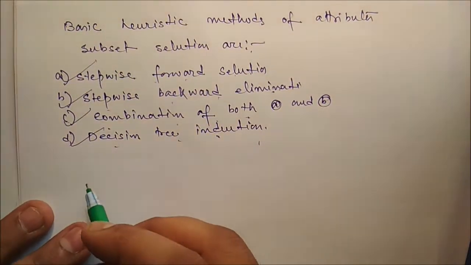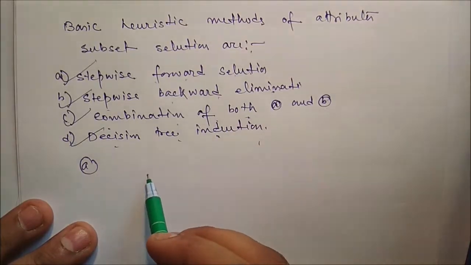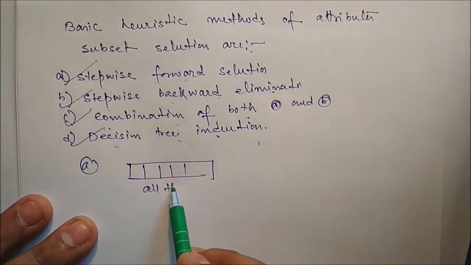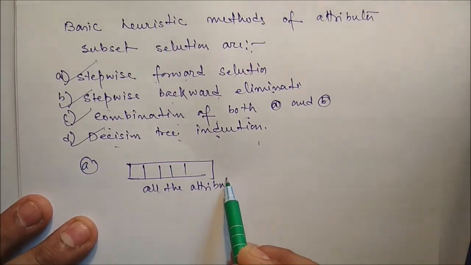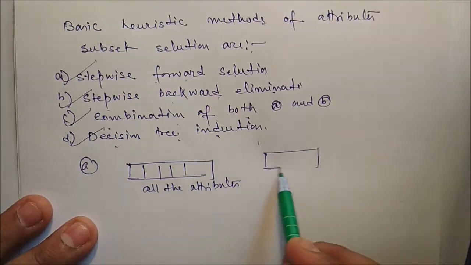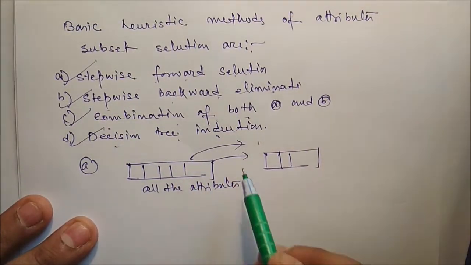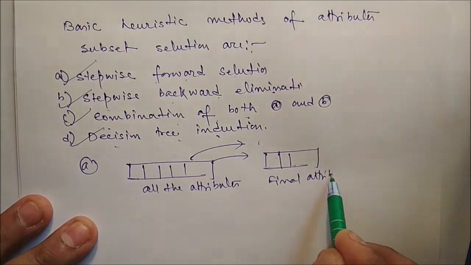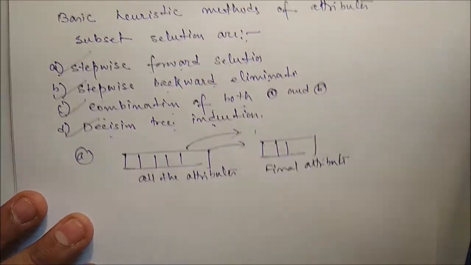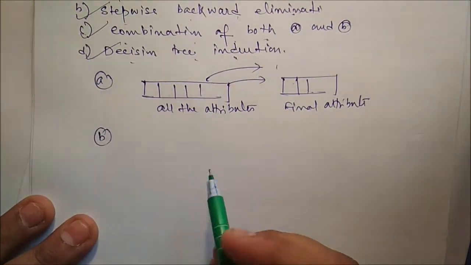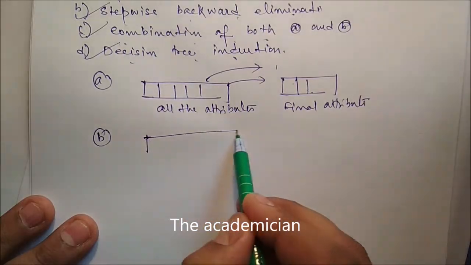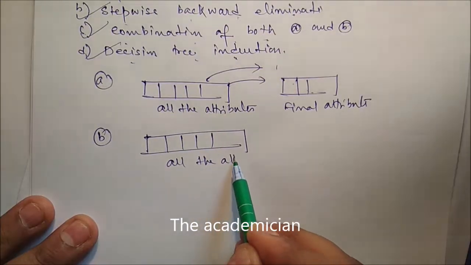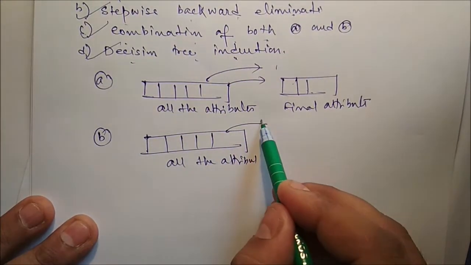Now these techniques are very simple. The first one is stepwise forward selection. Say all the attributes are there, and we just select the best attributes and create the final attribute set. Similarly, in stepwise backward elimination, all the attributes are there and we discard the worst attribute.